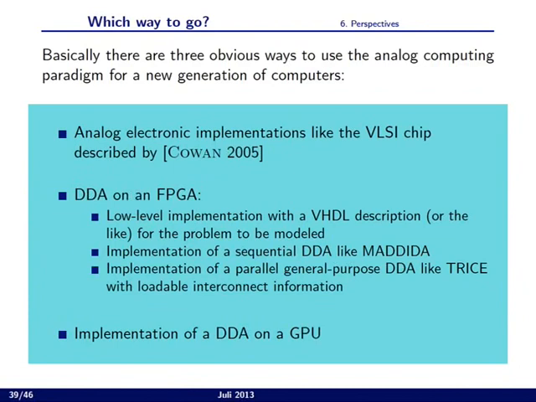The next idea would be to implement a DDA on an FPGA. And the third idea would be to implement the DDA on a graphic processor. Why? A typical graphic processor is a parallel vector processor, and as long as your data is very local, you can achieve high rates of computation.